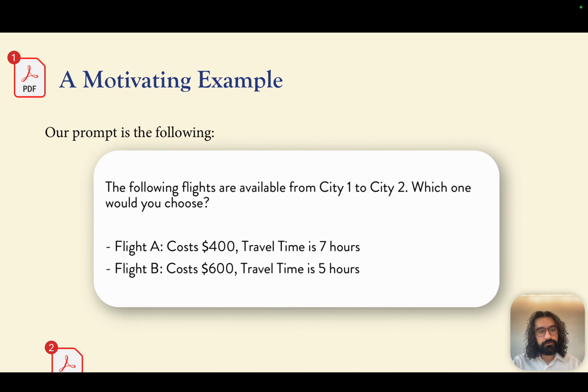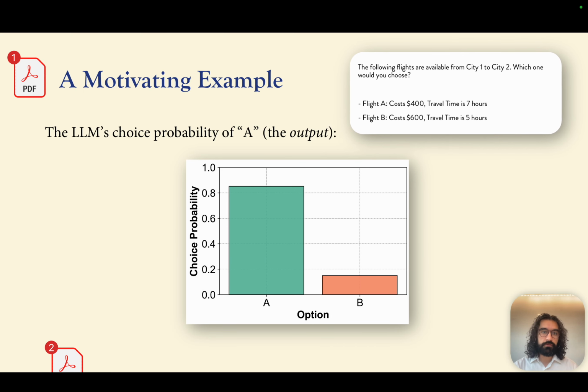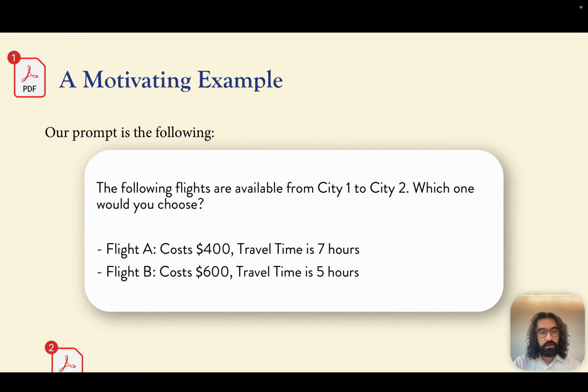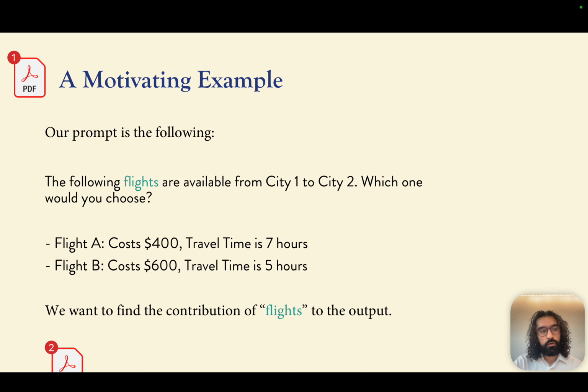Let's say we ask this prompt of a language model, and the language model actually gives us choice probabilities, like the probability of choosing token A versus B. Maybe 84% of the time, the language model chooses flight A in this scenario, and 16% of the time it chooses flight B. Now we would like to ask, what is the contribution of this word flights, as an example, to that output? For example, that 84%, how much of it was because the word flights was used in the prompt?